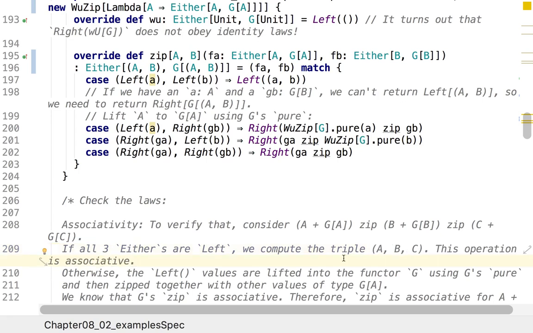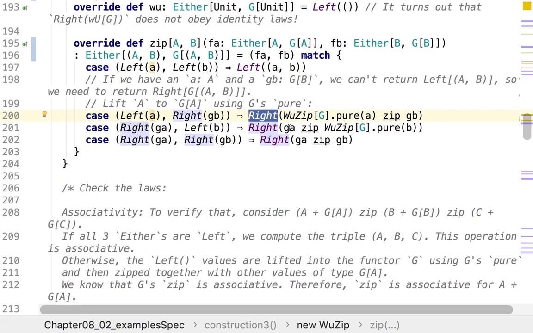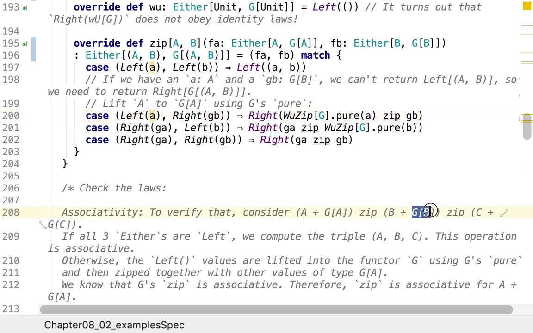Now, if even just one of them is on the right, then we know that the full result is always going to be on the right. And we know that what will happen is that all the parts that are on the left, so maybe, for example, this is on the left, but this is on the right, and this is again on the left, all of those that are on the left are going to be lifted into the functor g using the pure operation.